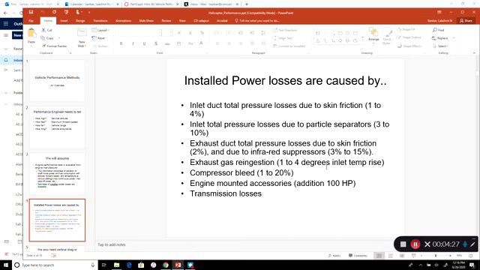So when T inlet is high, you're going to lose efficiency. If you're bleeding compressor air or compressor power for any accessories, all these things cause a loss of power. Therefore, the net power that's supplied would not be what the manufacturer gave you. It would be less than what the manufacturer has specified.